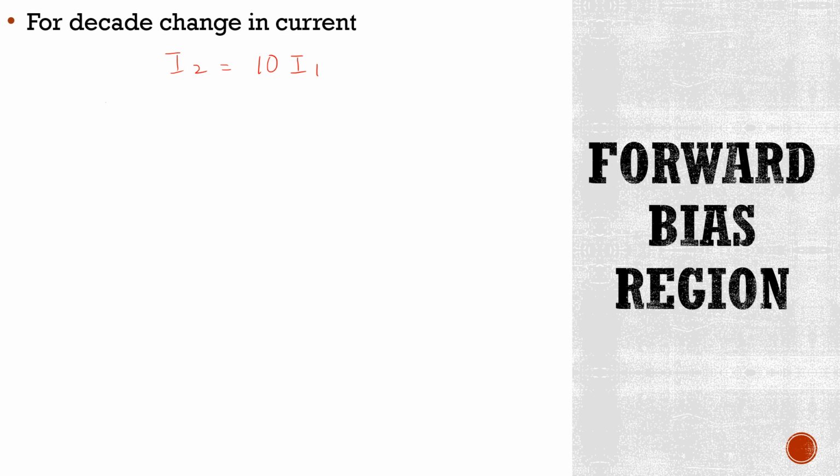For a decade change in current, I2 is equal to 10 I1. We know that V2 minus V1 is equal to 2.3 nVT log(I2 divided by I1).